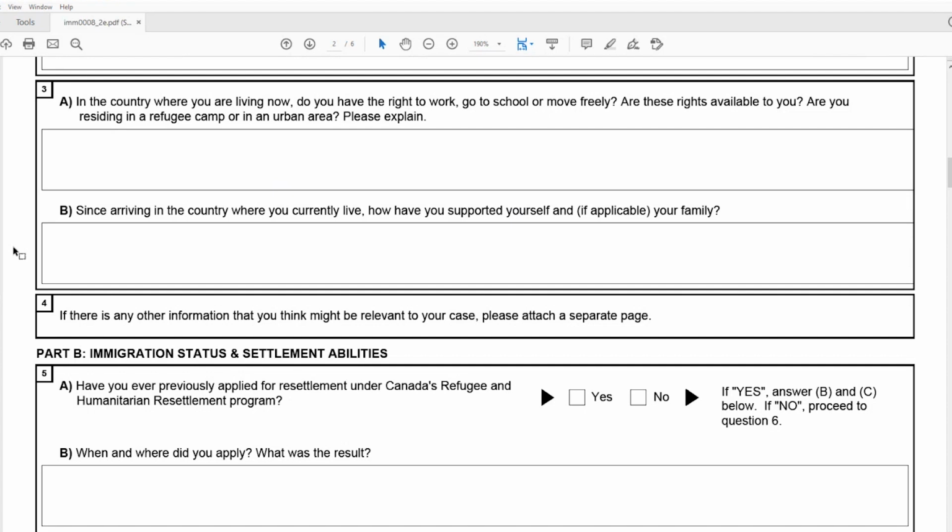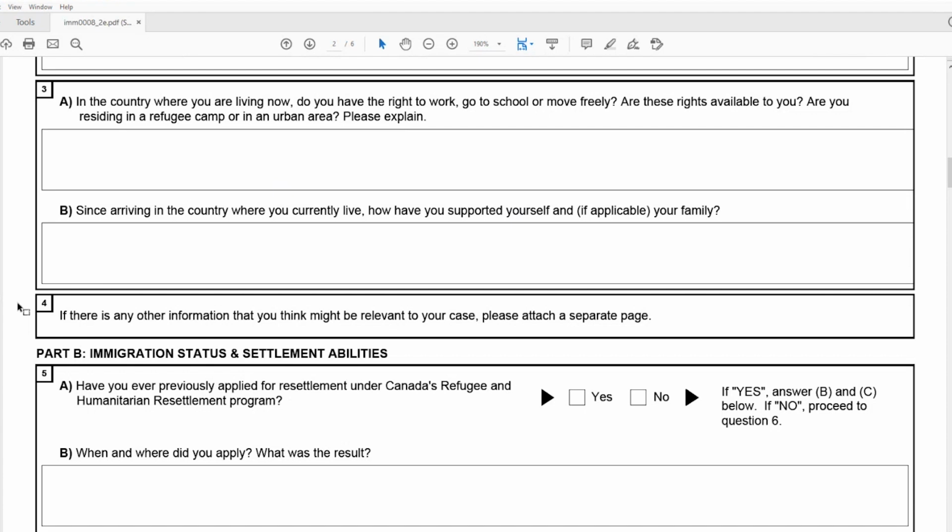Now, question number 4, if there's any other information that you think might be relevant to your case, please attach a separate page. And I suggest that you insert the country condition report for the country of origin as well as the country of asylum where you are located.